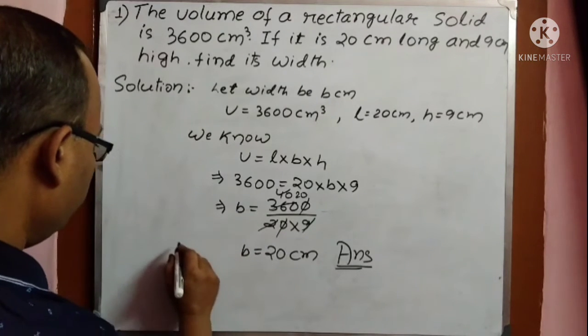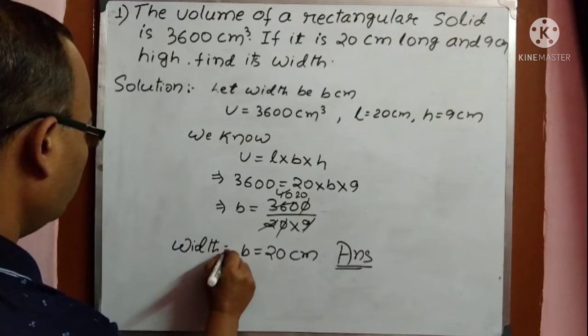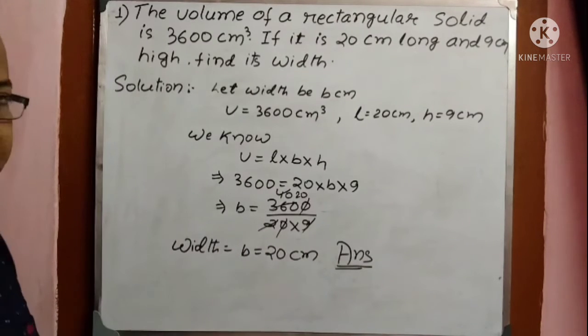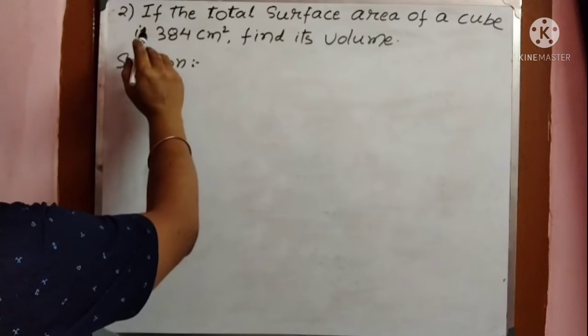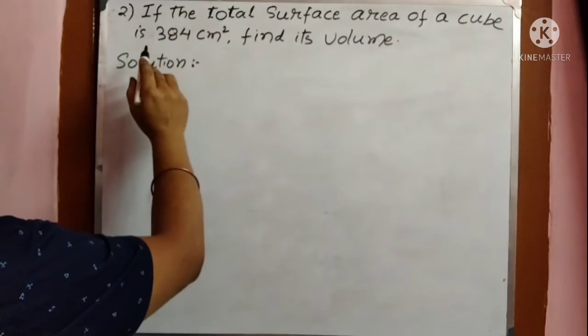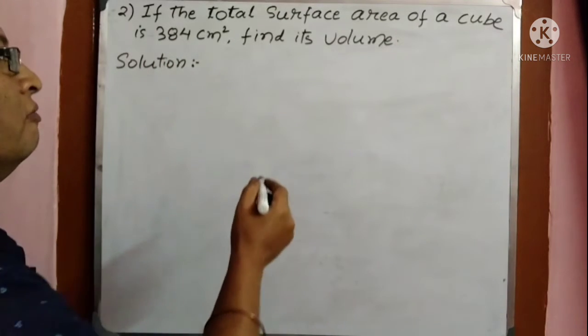So, you can write your width, which is equal to B, is equal to 20 centimeter. Clear?